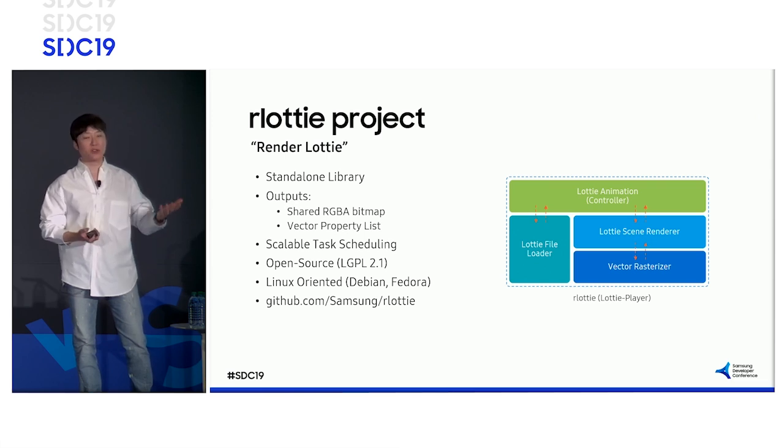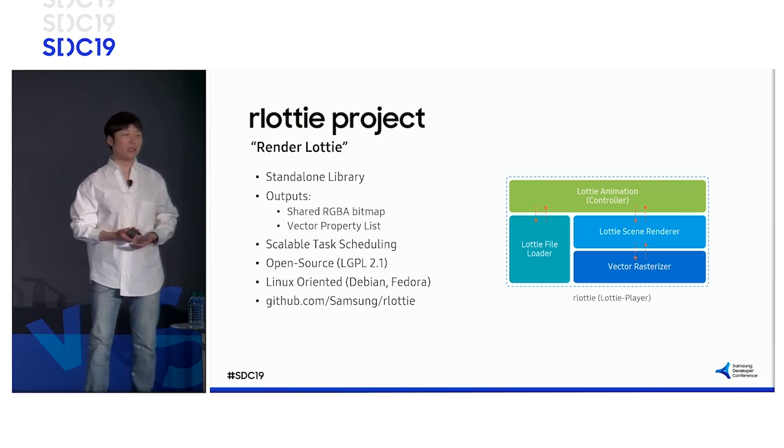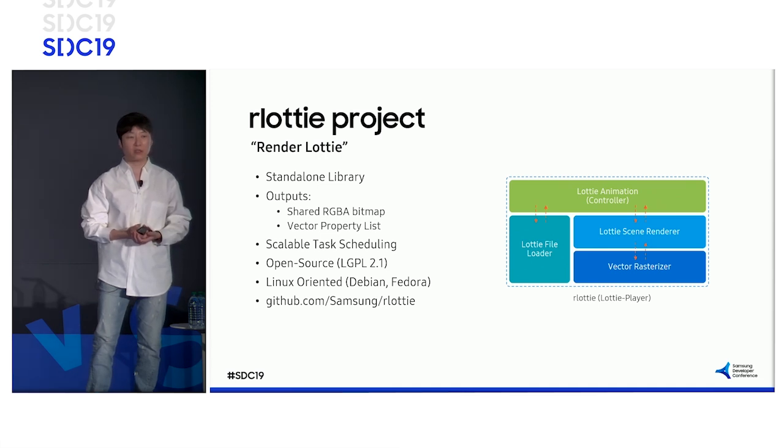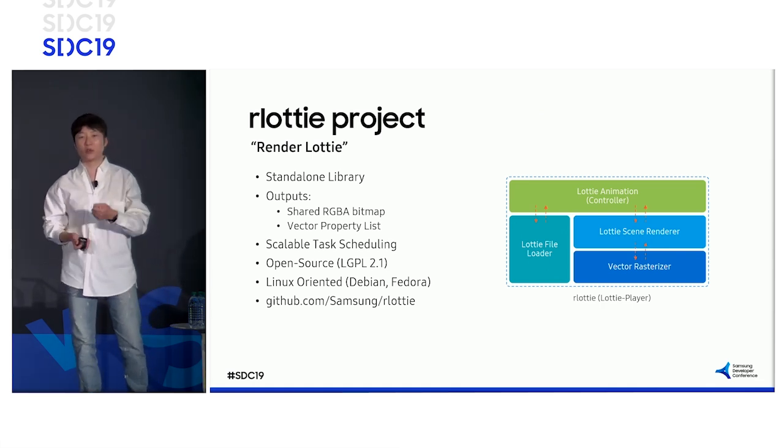And for more advanced usage, rlottie provides the animation result as a generic vector property list, such as shape path, gradient, stroke, dash, and some others.